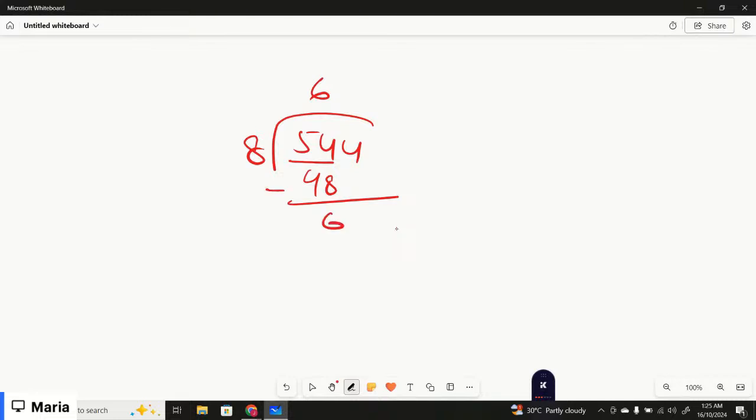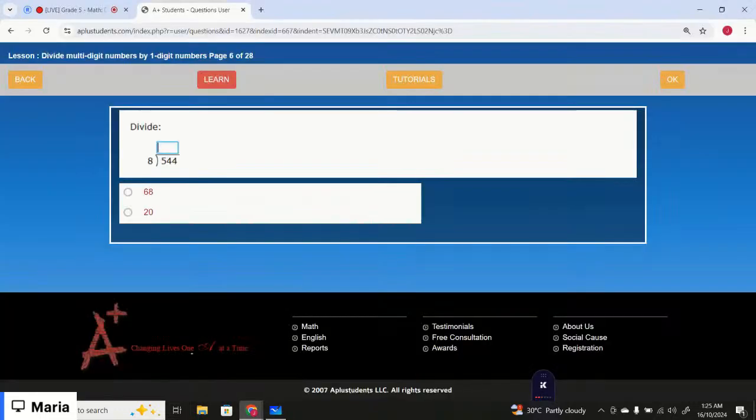So 54 minus 48 is 6. Bring the next digit down. You can go for 8 times 8 is 64. So the correct option is 68. Very good. Option number 1 is the correct option. That is 68. Okay, you can complete the lesson by yourself later today. Let's move on to the next lesson.